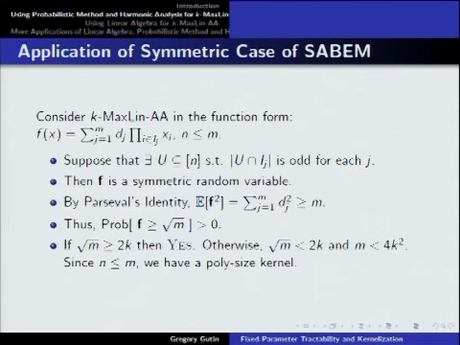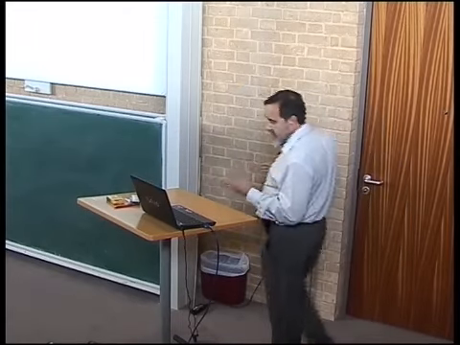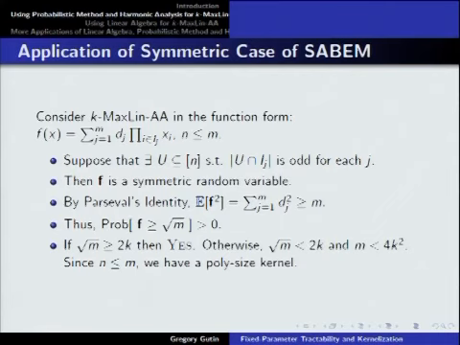Suppose there is some set u such that the number of variables whose indices belong to u is odd in every equation. Or in a particular case, if every equation has an odd number of variables, in this case we can solve that problem.